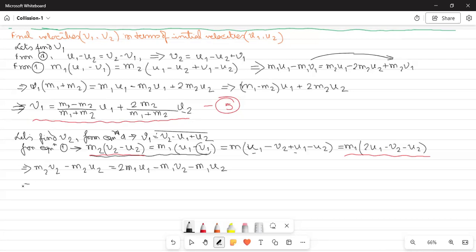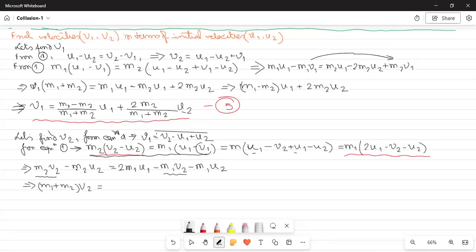From here we get, now we bring the v2 on the left hand side. This is one v2 and there is another v2, so (m1 plus m2) into v2. Here we have m2 u2, here we have m1 u2.